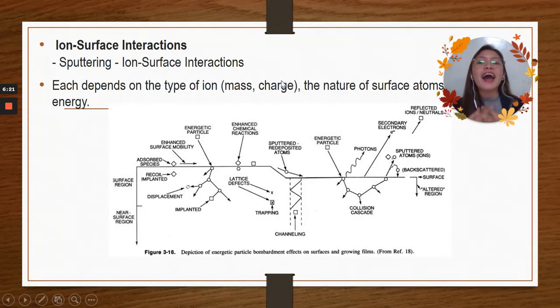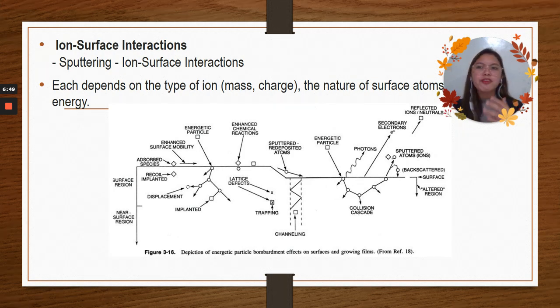Next, we have the ion surface interactions, of course sputtering and ion sputtering. First, I would like to tell you what sputtering is. Sputtering refers to the removal of material from a target by the impacts of high energy particles. And aside from that, we have ion sputtering.